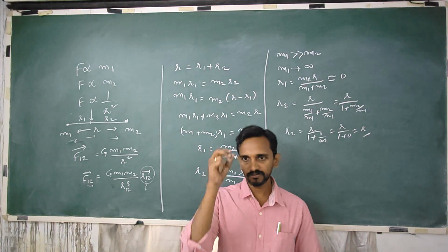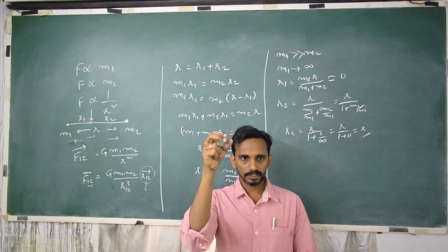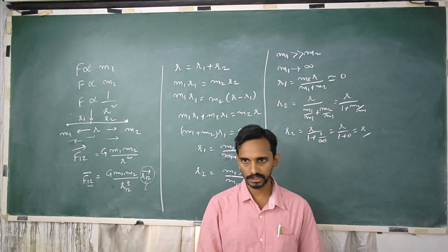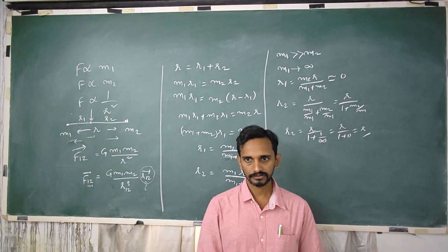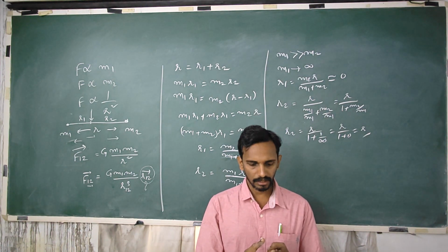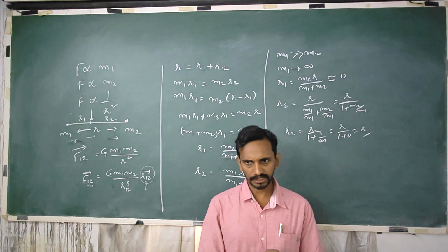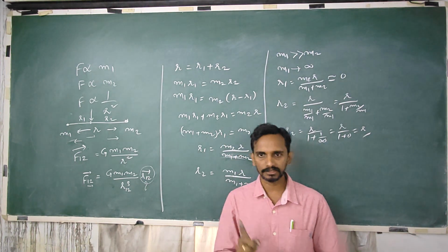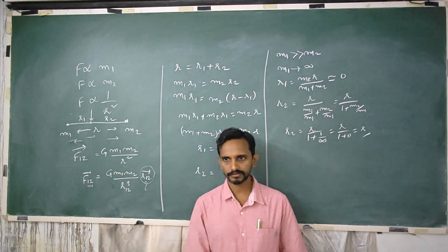So if an apple falls from a tree and moves towards earth, what is the force? Earth is attracting apple with a certain amount of force. At the same time, apple also attracts earth with an equal amount of force.